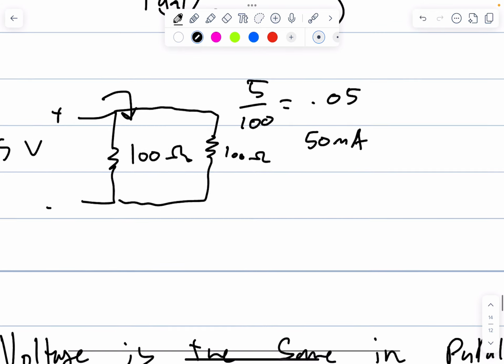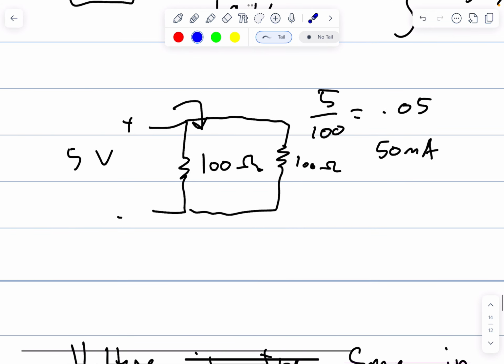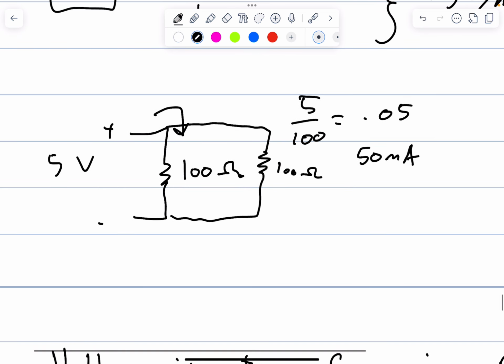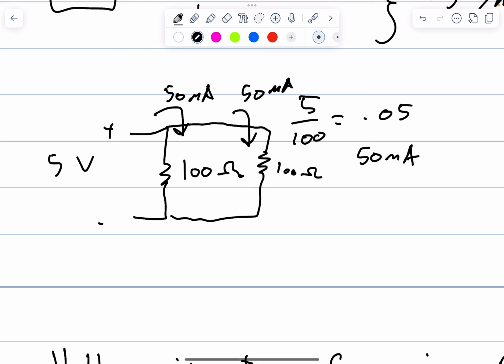So go back to this figure. This sees 5 volts, this sees 5 volts, right? So then this will now see also, this will get its own 50 milliamps. This will get 50 milliamps. And now before, your supply only had to supply 50 milliamps, but now it's giving 100 milliamps, right? Because 50 plus 50 is 100.